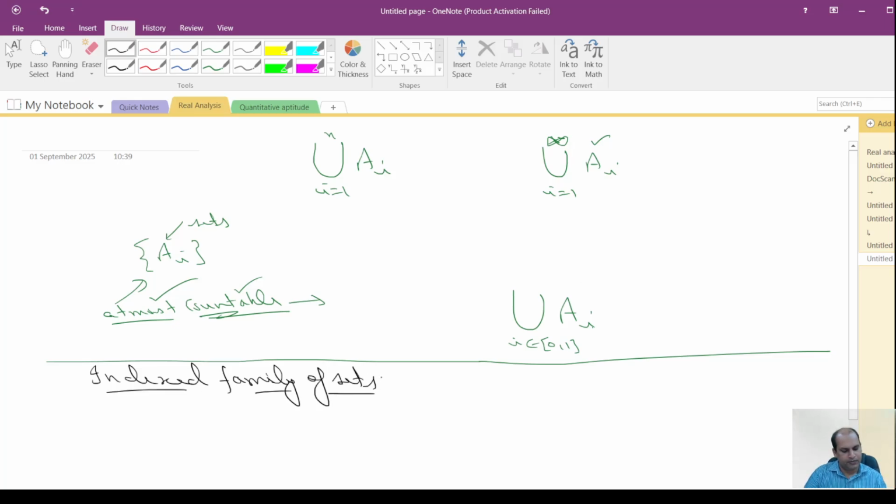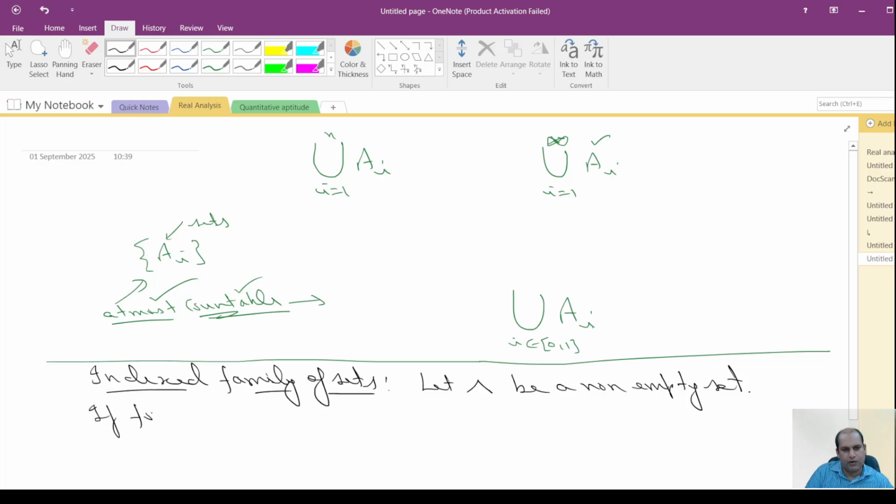What it says is: let capital Lambda be a non-empty set.